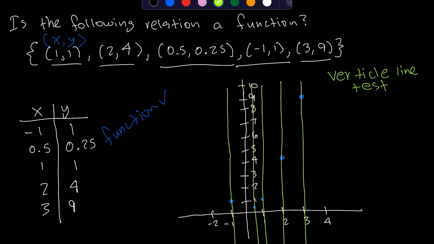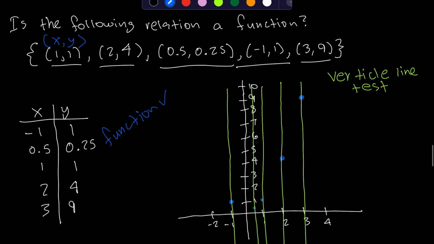But I'm not here to confuse you. But essentially, since we've passed 0 or 1 point for every line, in fact, we don't have any repeats, like this -1 value doesn't have a point up here, point up here. It doesn't. So from the graph in the vertical line test, which we have passed, we can say this is a function.